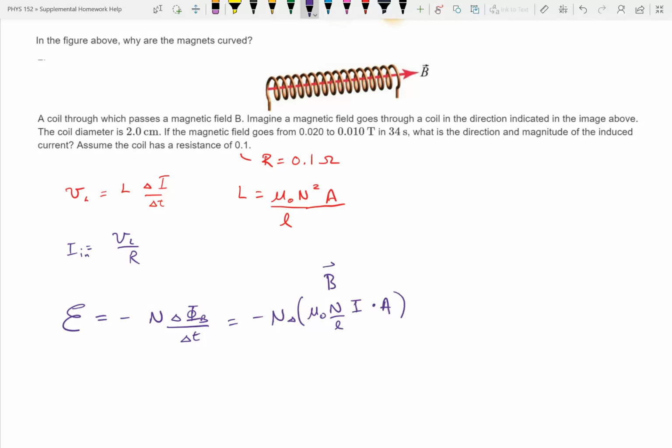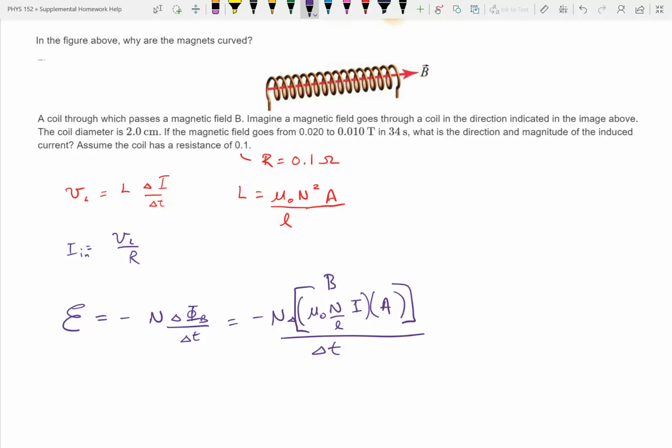And it's technically B dot A. But of course, because the magnetic field is going to be parallel to A, then we just put B times A. So there's the magnetic flux.